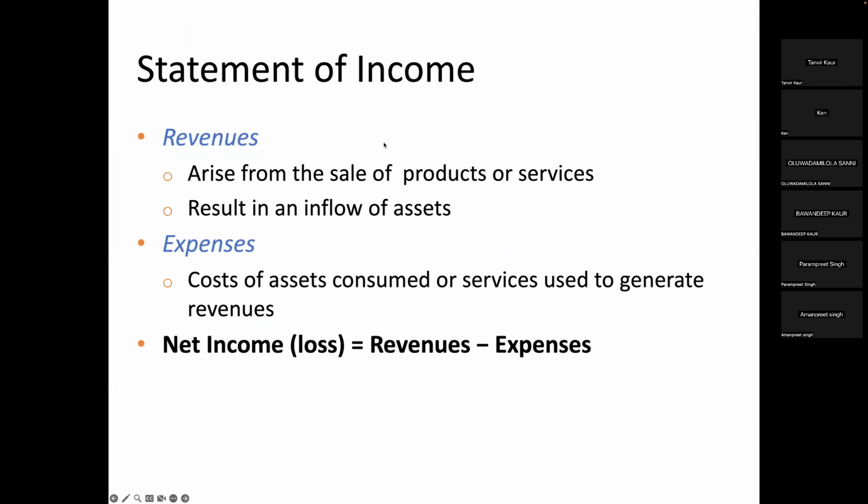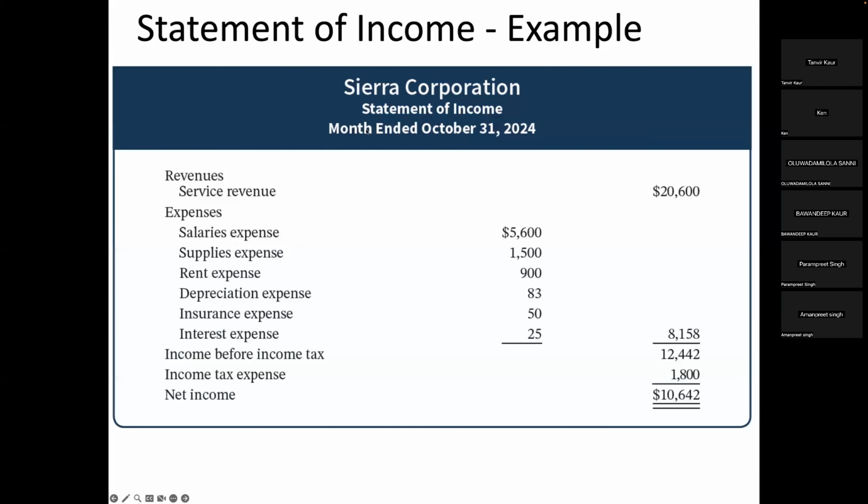You can see that this is a company, and then the name of the company, Sierra Corporation, and then the description of the statement of income, and then for which period? For the months ended October 31st, 2024. So basically, the information presented on the screen is related to this corporation for the period from October 1st to October 31st, 2024.